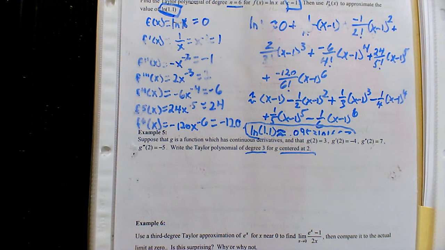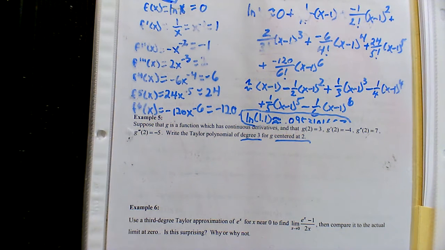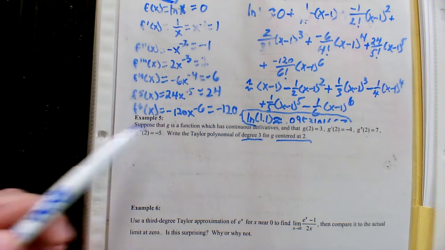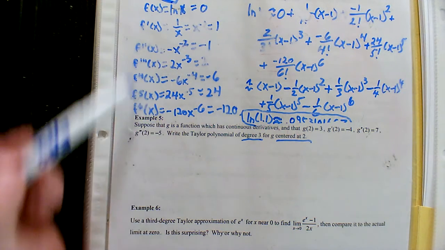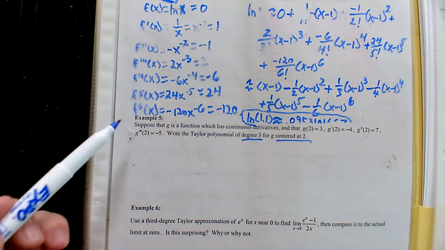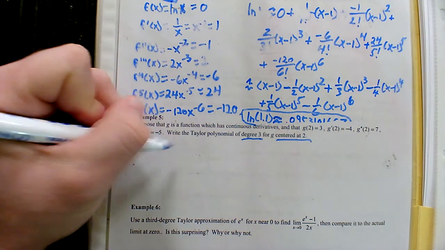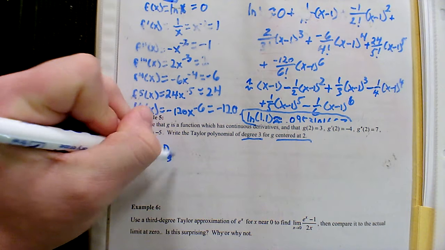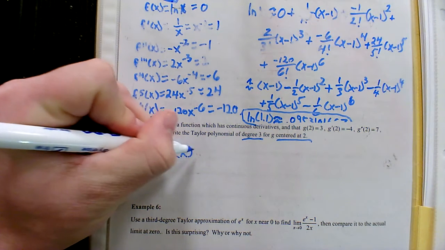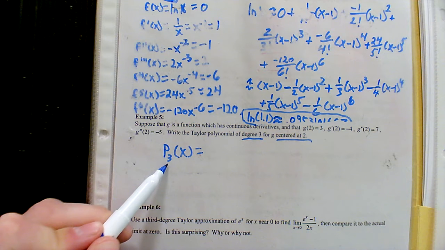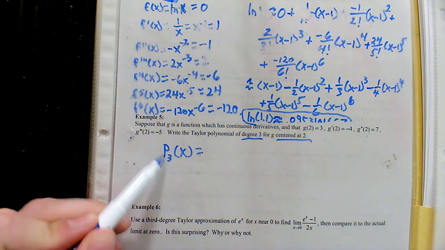What makes this problem very nice? Yeah, all these steps we had up here in this problem, all of these derivatives and everything we evaluated, they just gave it all to us. We don't have to do any of that. They listed them all out right here. So all we truly have to do, and again, this is how you write Taylor polynomials, P, this is the degree, they said to the 3rd degree of x.